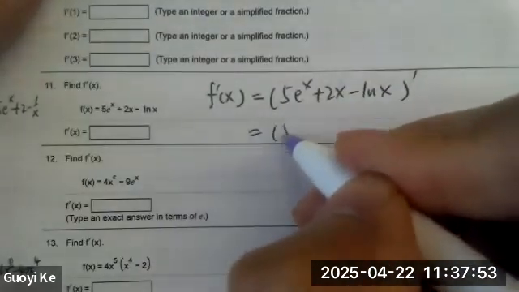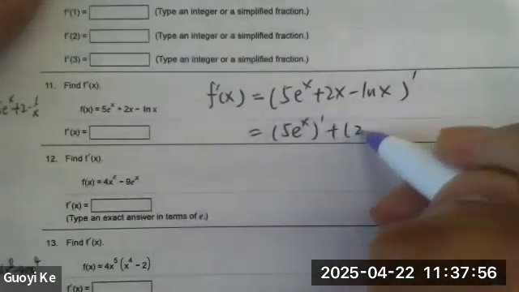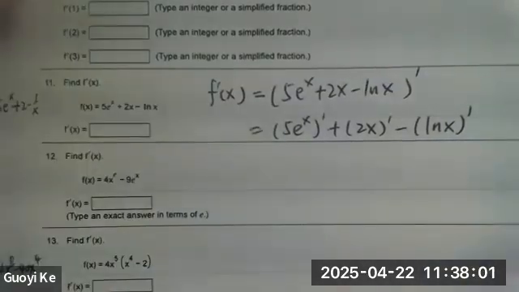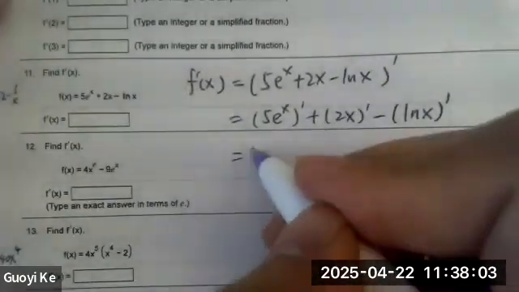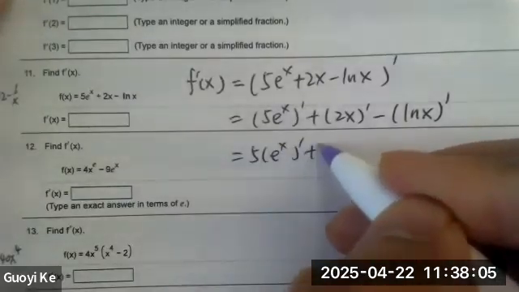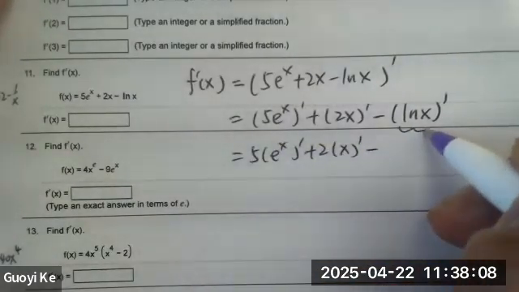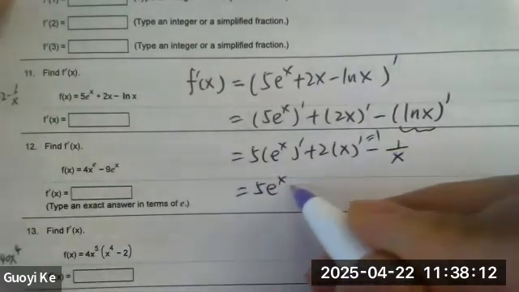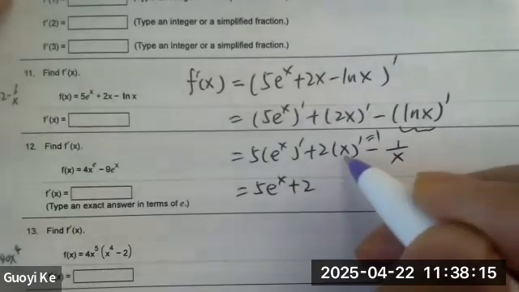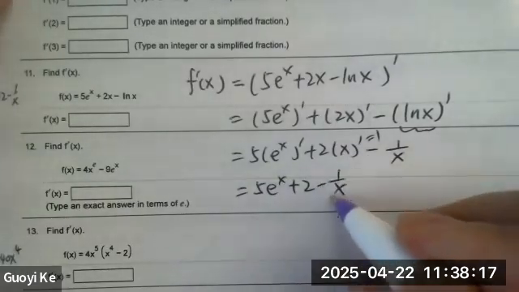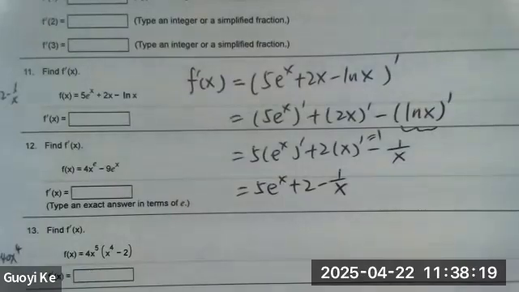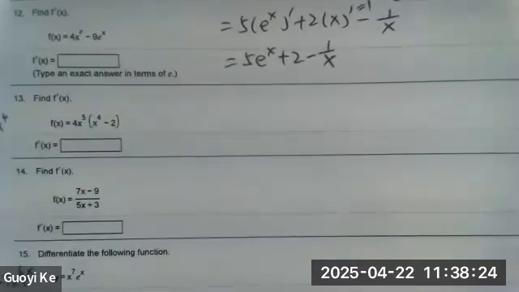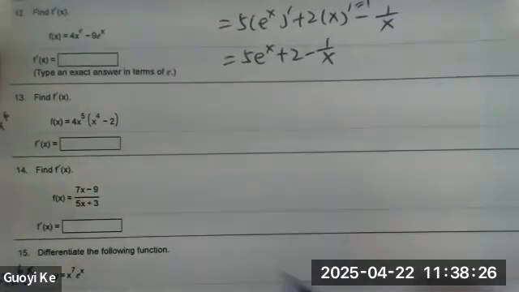And then we're going to do the derivative for each term. This one is 1 over x, and this one equals 1. The derivative of x equals 1. That's it. So that's the answer.